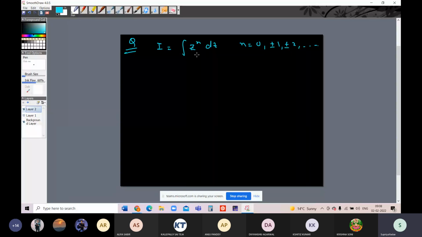So we have to find the integral of this function z^n when C is a curve of radius r about the origin, and the direction of this curve is traversed in the counterclockwise direction.